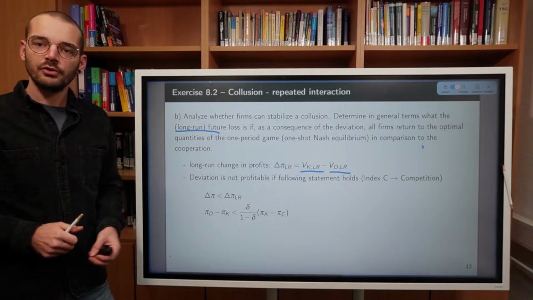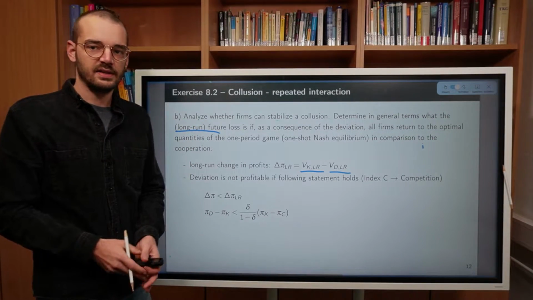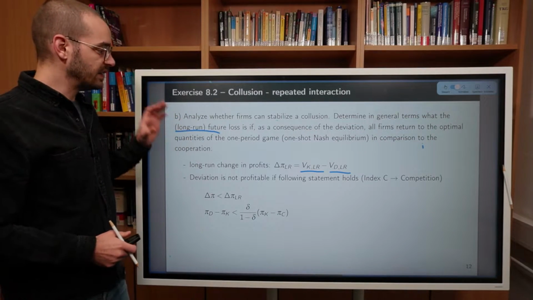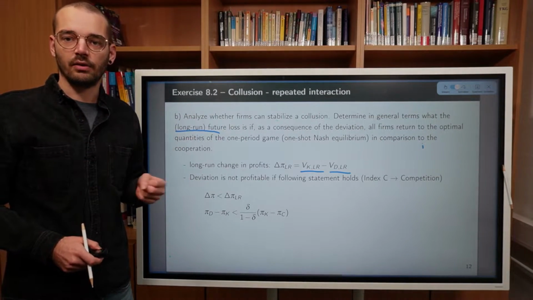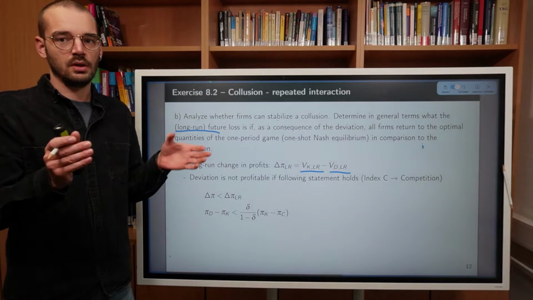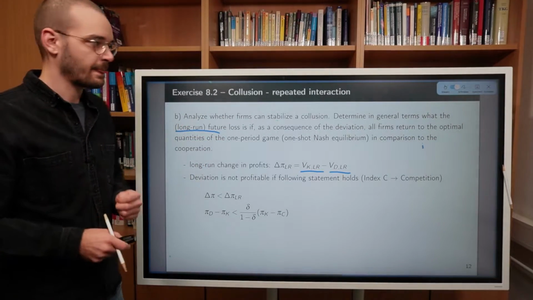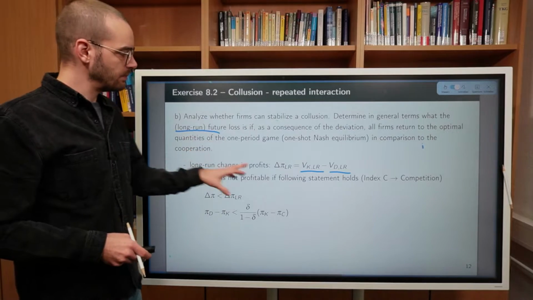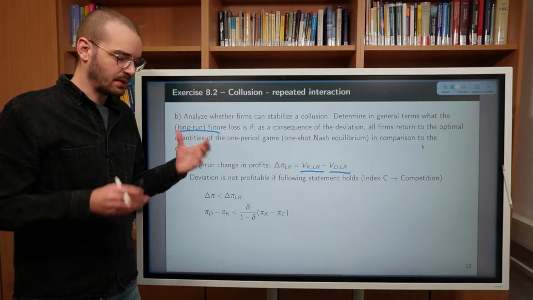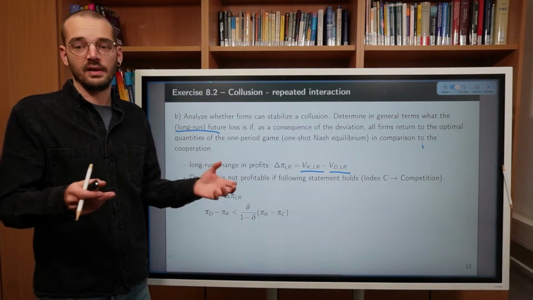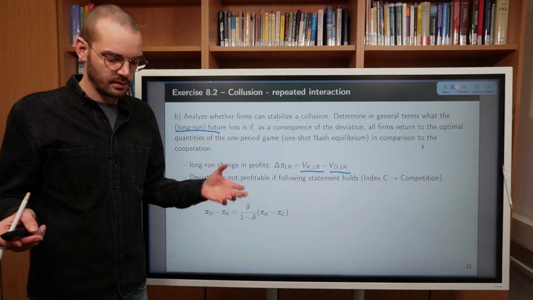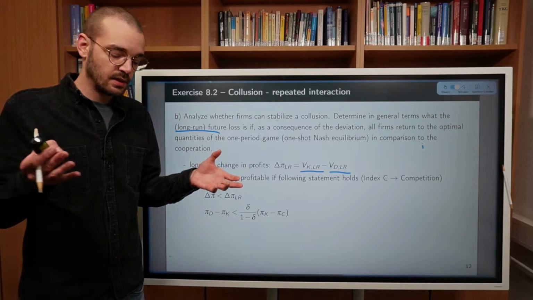So now we have all the tools to finally calculate the change in profits in the long run, switching from collusion to competition, right? So very similar to what we did in the short run when we were comparing profits under collusion and deviation.